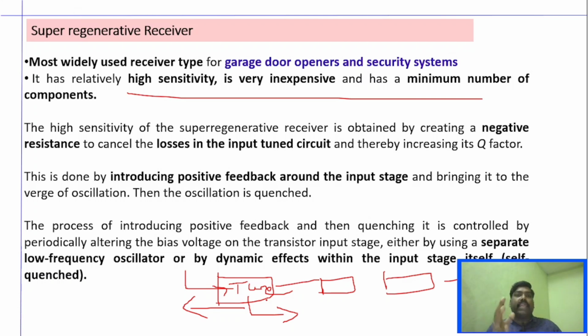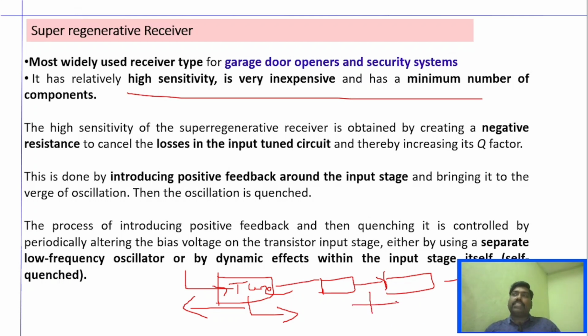But how is a negative resistance created? We already said that in amplifiers we limit the gain, especially when we use it in a receiver, because too much gain, that is a positive feedback, will create unwanted oscillations, right? Whereas in the super regenerative receiver, we use that as the principle.